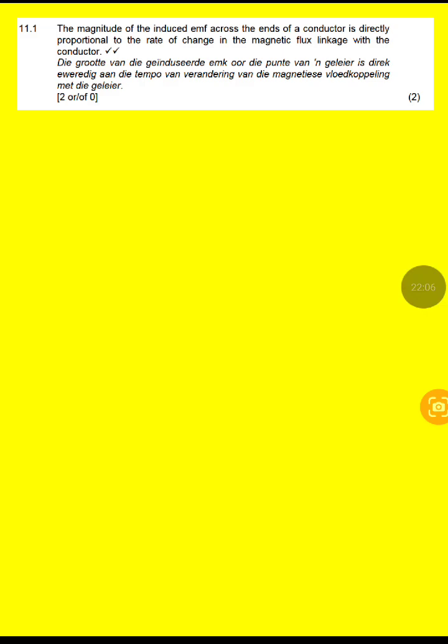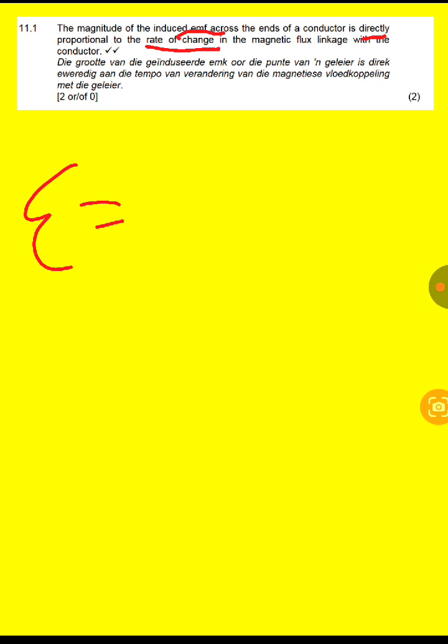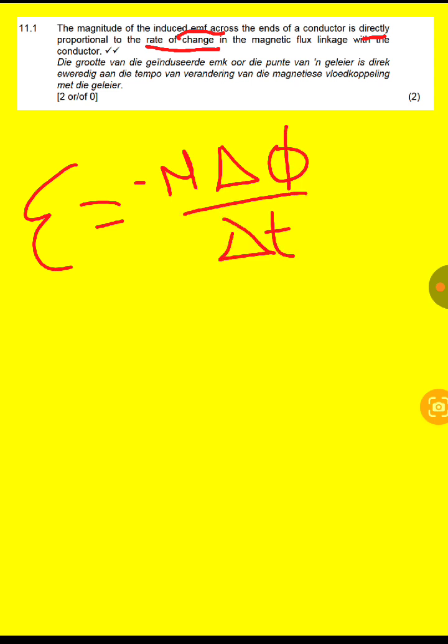So Faraday's law says the magnitude of the induced EMF is directly proportional to the rate of change in magnetic flux linkage with the conductor, just like the formula states. E is equal to negative N delta phi over t.